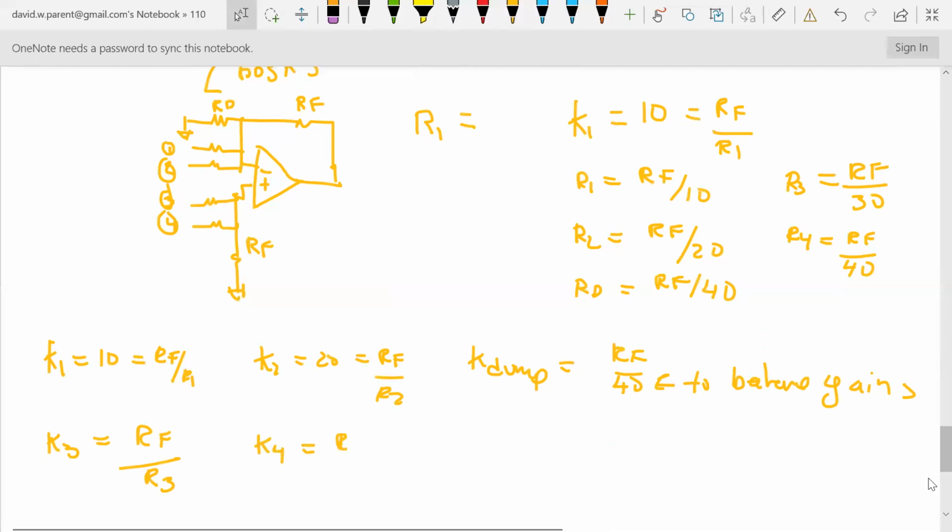K4 equals RF divided by R4. So if I let RF equal 100K, let's go through it.